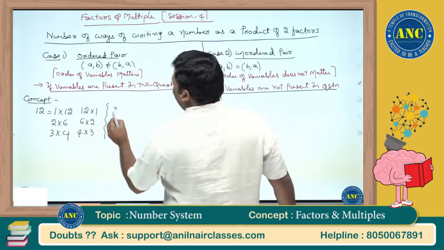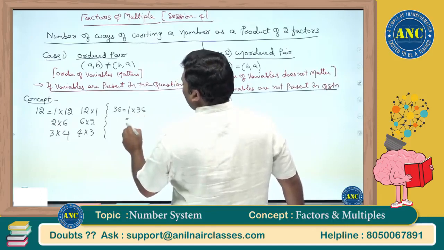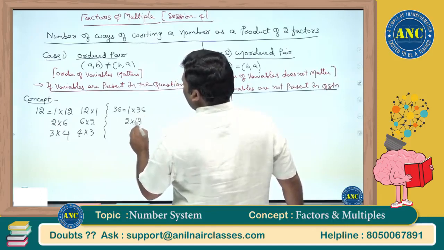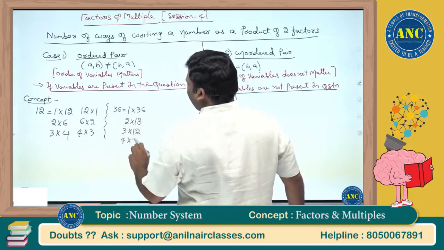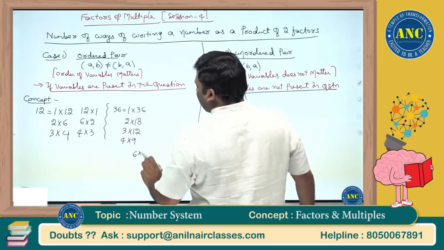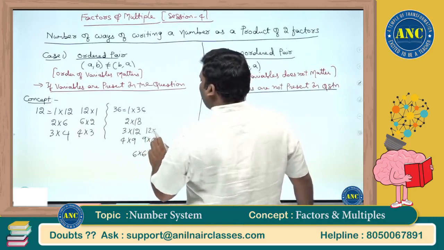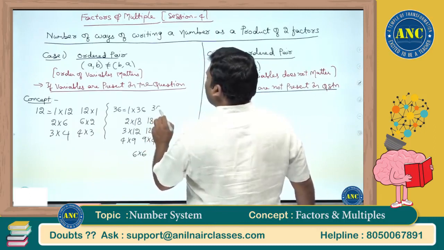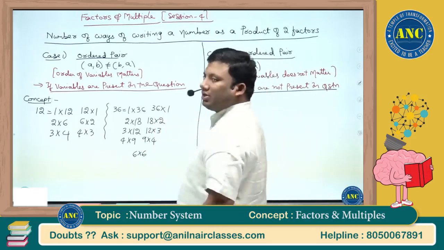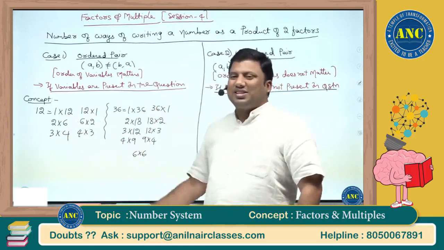Now I will take a perfect square, 36: 1 into 36, 2 into 18, 3 into 12, 4 into 9, 6 into 6, 9 into 4, 12 into 3, 18 into 2, 36 into 1. Reverse is also allowed.